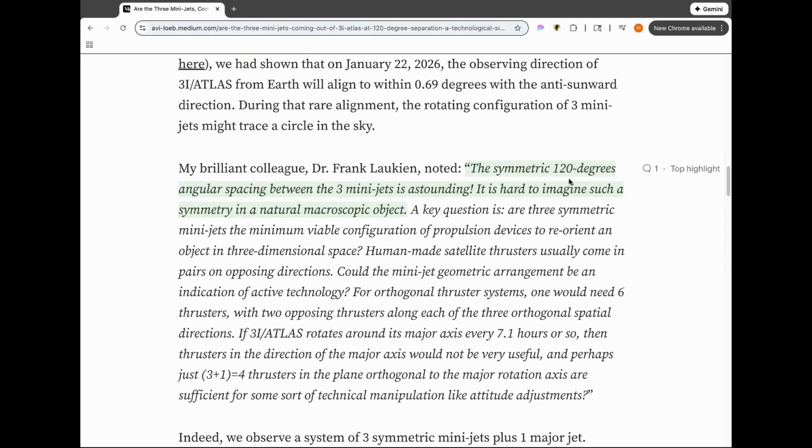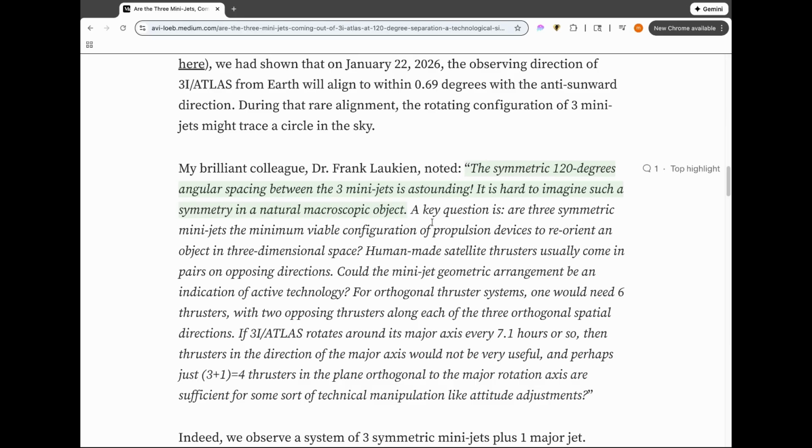This is a quote from one of Avi Loeb's colleagues, and this is Avi Loeb's Medium website, Dr. Frank Laukian. He said, the symmetric 120 degrees angular spacing between the three mini jets is astounding.